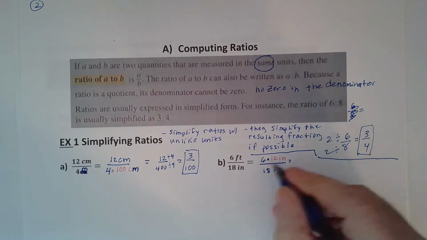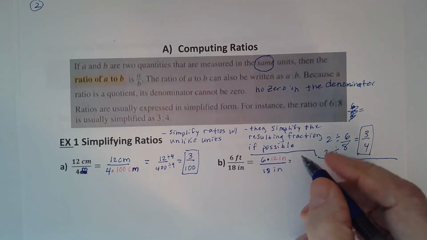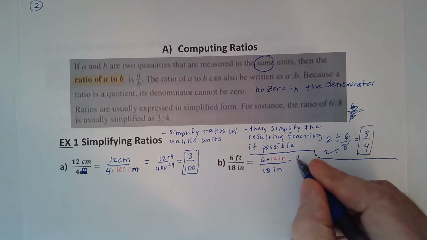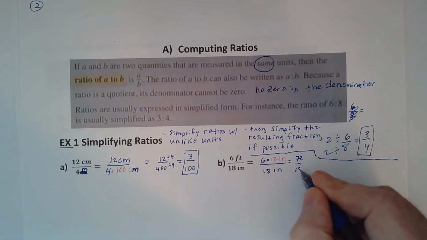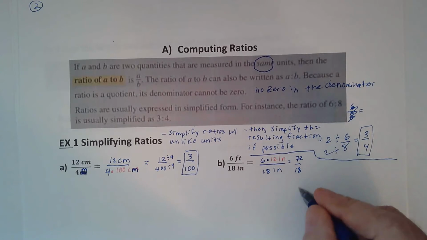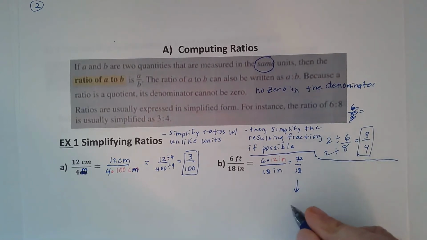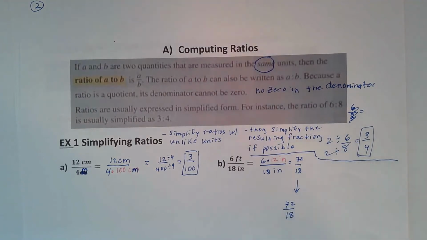All right, so 6 times 12, you could use a calculator, but it's 72, divided by 18. Now, let's bring this down because we have more room down here. 72 divided by 18. Can we simplify this?